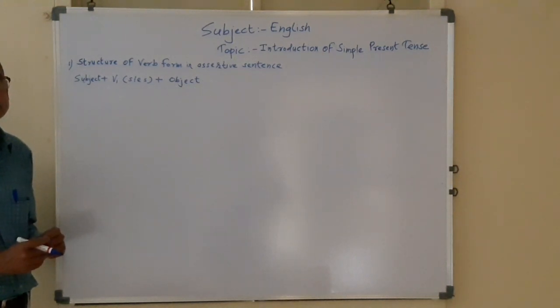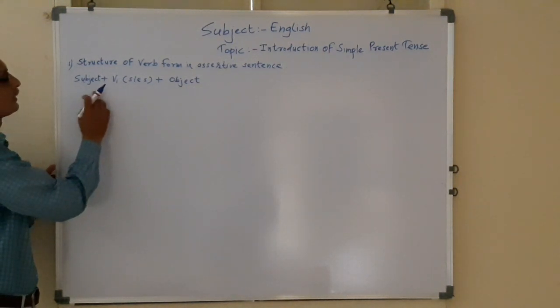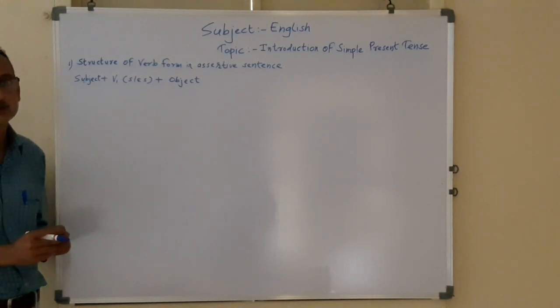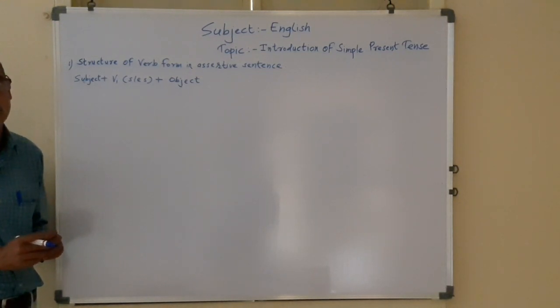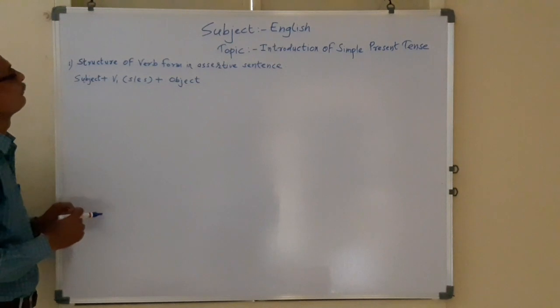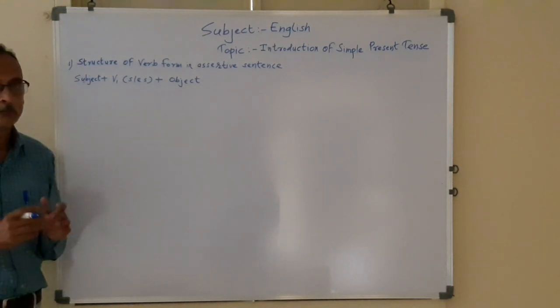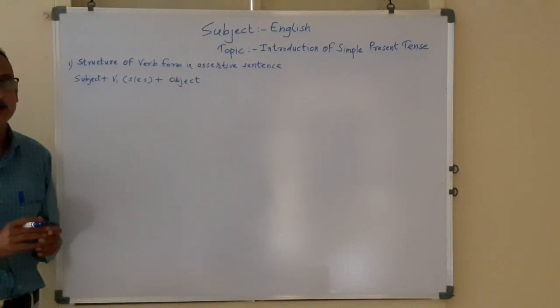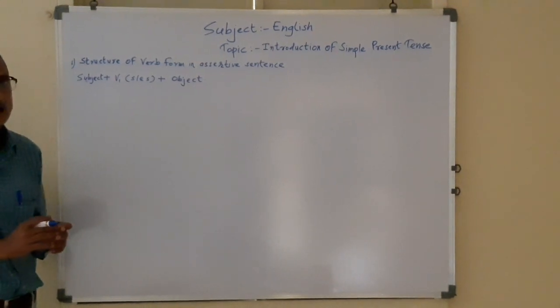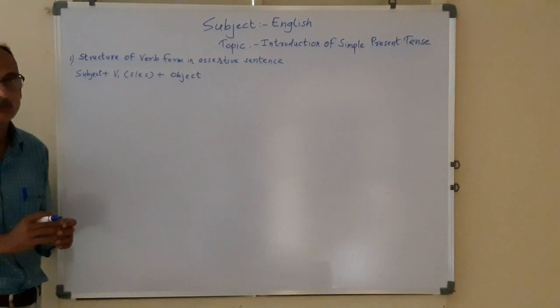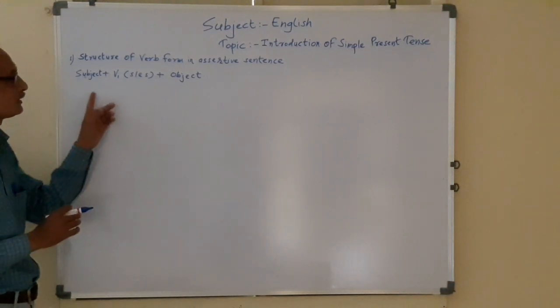We know that as a subject and object we always use a noun or pronoun. Before that, we learned the parts of speech, and where these parts of speech are used in a sentence.